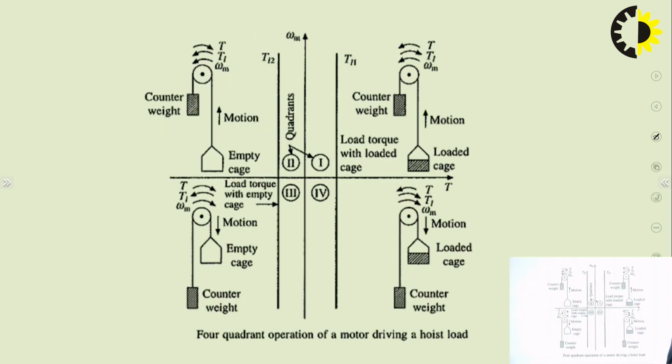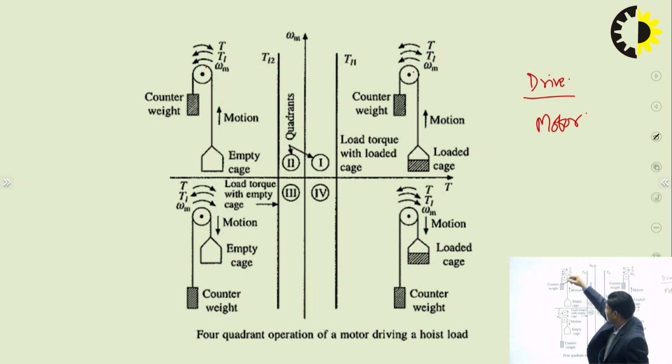Now with an example, we will try to understand all four quadrant operation of a drive. So basically, a drive contains a lot of components, and one of the components is the motor.